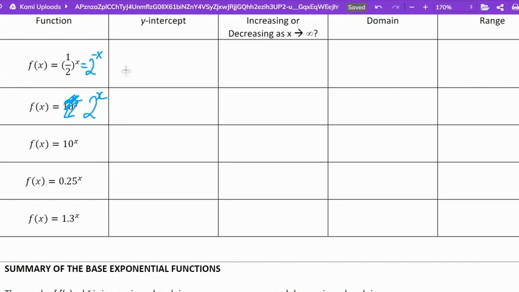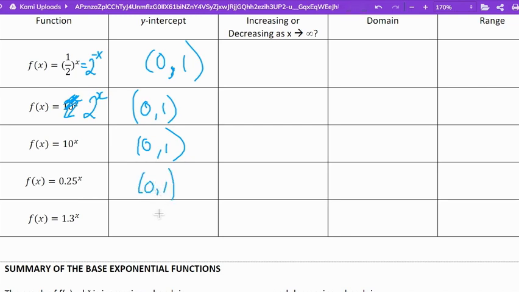Okay, interesting. All right. So what is the y-intercept of this one? 0, 1. Great. What's the y-intercept of 2 to the power of x? 0, 1. 10 to the power of x? 0, 1. We did not do 1/4 to the power of x, but what will the y-intercept be?